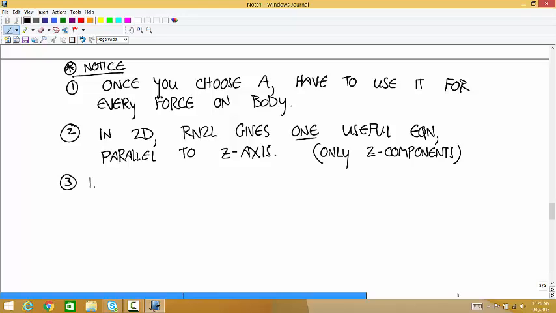In 3D, the cross product of rho and F can be anything. So all three components of the moment vector can be non-zero, and so the moment equation gives three useful equations.